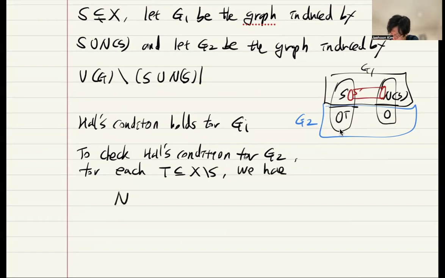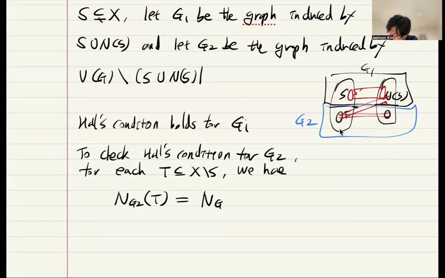We have its neighborhood in G2. So it could be sending some edges here and also some edges upward. So this is the same as what?